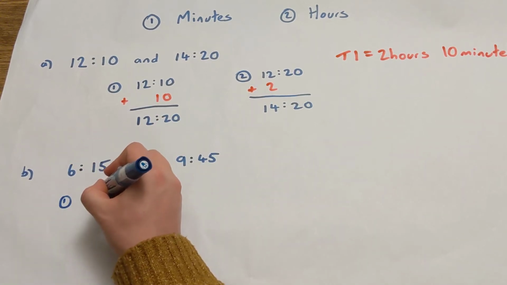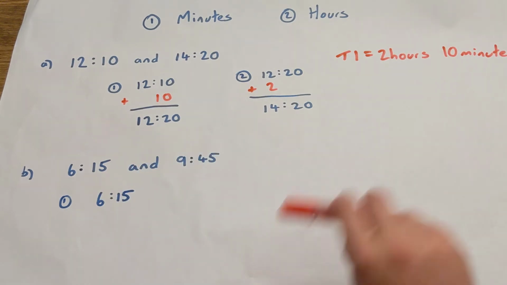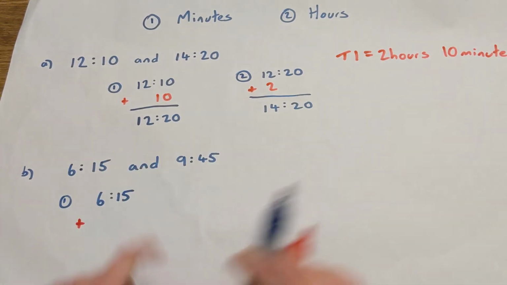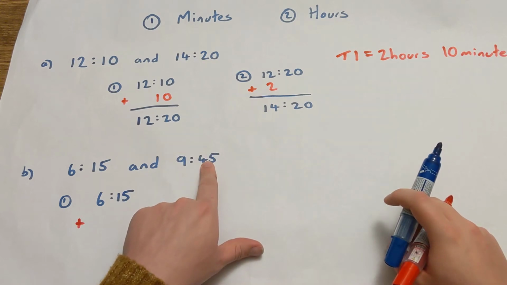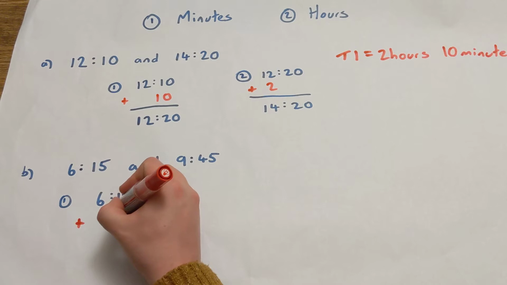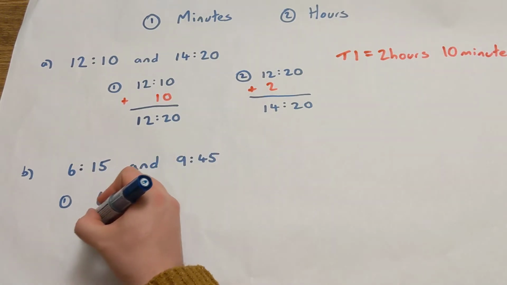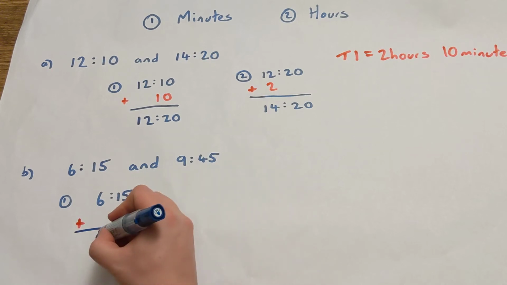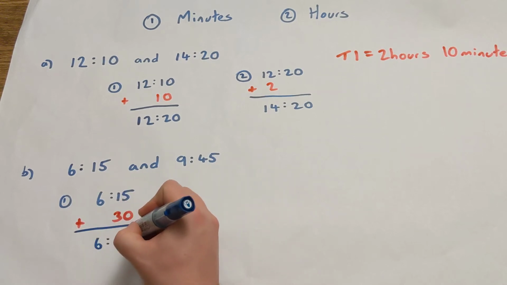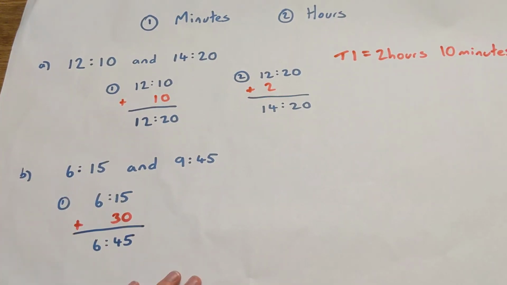I'm at 6:15. How many minutes do I have to add on to this to get up to 45? Well, I need to add 30 minutes, don't I? So 6:15 add 30 minutes is going to be 6:45. Remembering it will come up later, 60 minutes in an hour, an important factor we'll need to know.